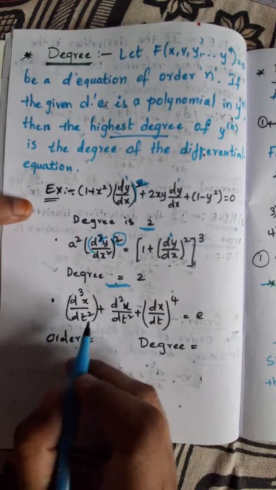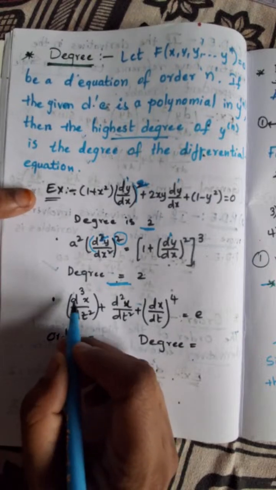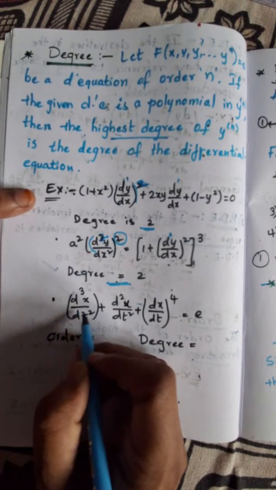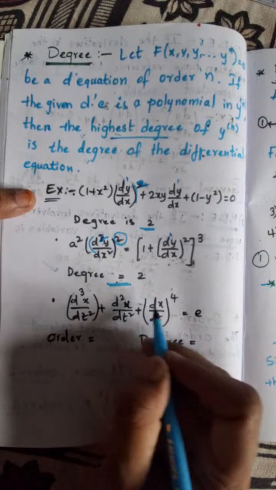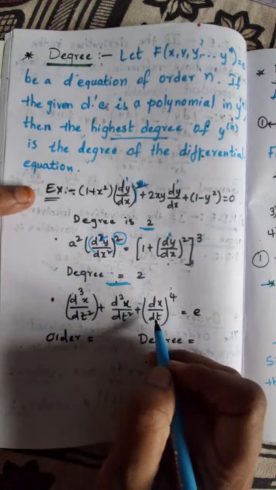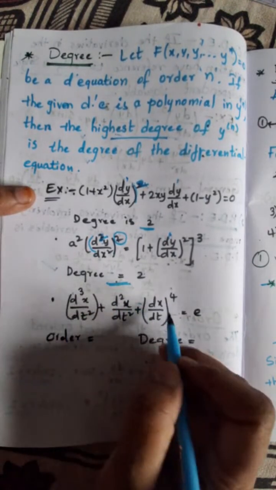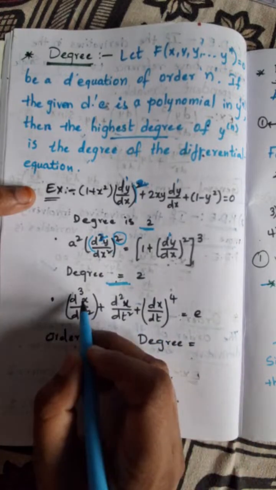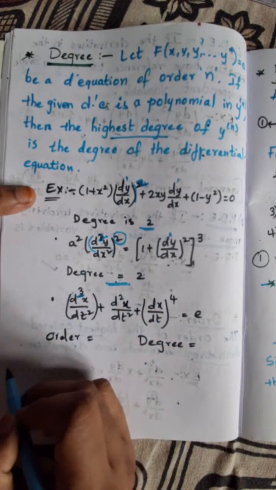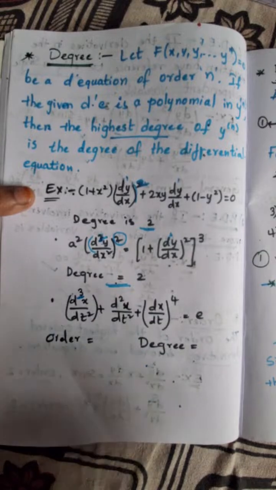Now let us see this example, d³x/dt³ and d²x/dt². In this, what is the highest derivative? d cube. Okay, d cube is the highest derivative.